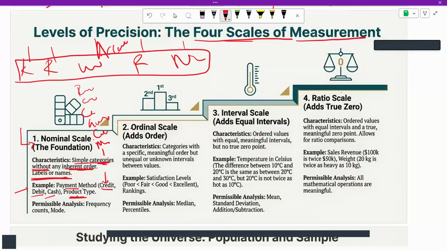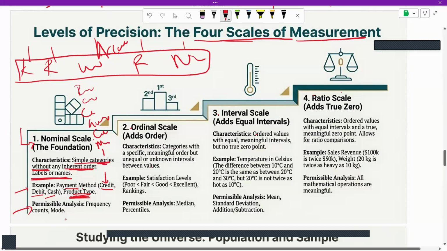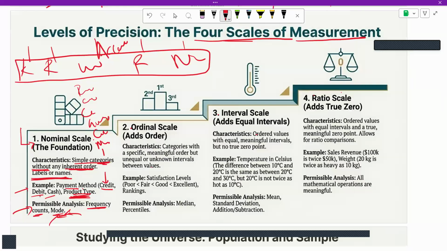So what kind of analysis can we do? Frequency count and mode. Mode means how a particular occurrence is repeated several times, most of the times. That is mode. We'll study it in the forthcoming lectures, hopefully.